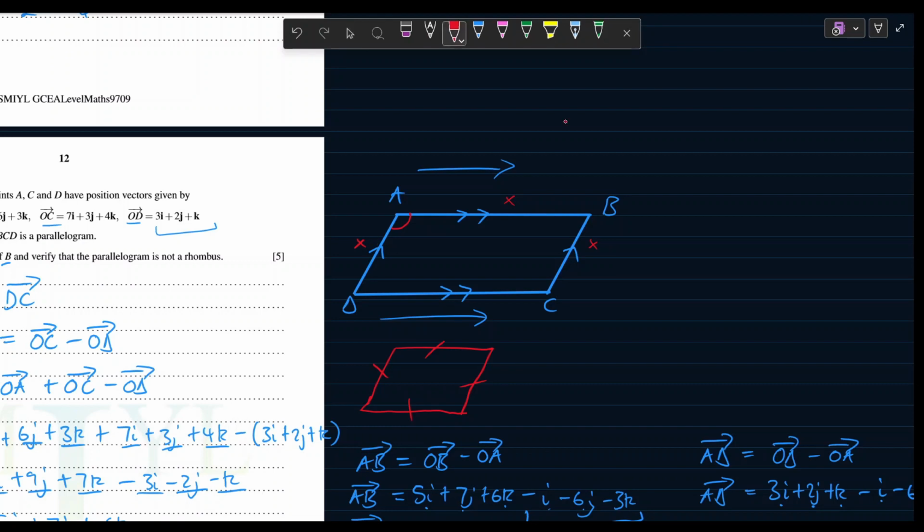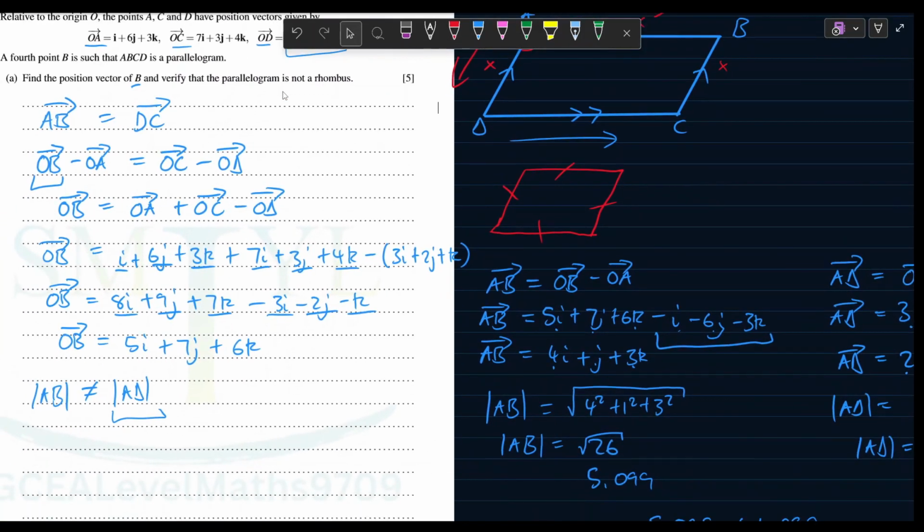So you could either pick BA and DA because those would be both going towards our angle. Or alternatively, you could pick AB and AD because those are both going away from our angle. And I hope you understand why I chose to use AB and AD in our earlier question, so that we wouldn't have to recalculate them in part B because we already found them in A.